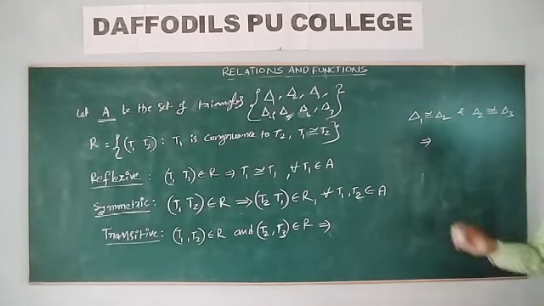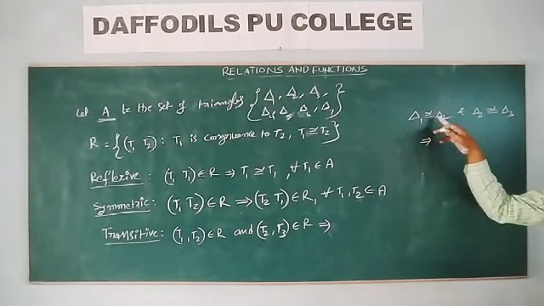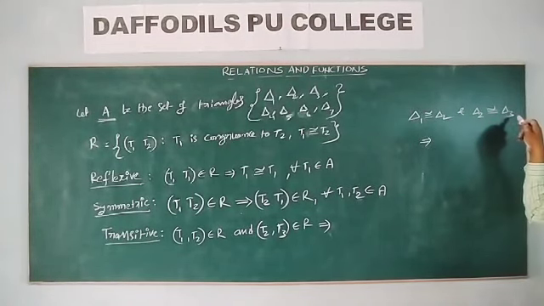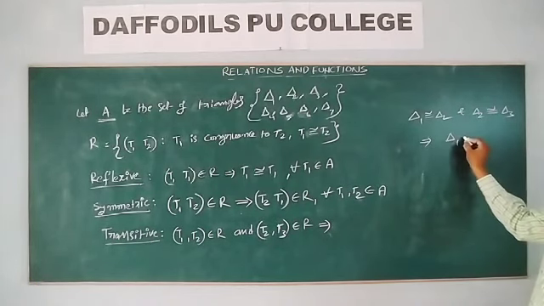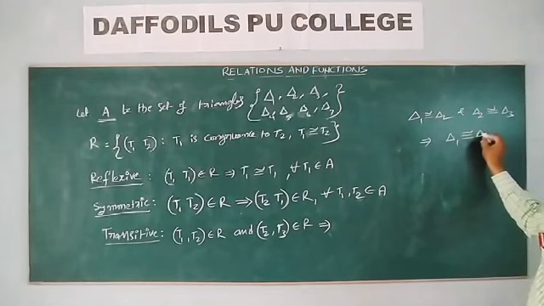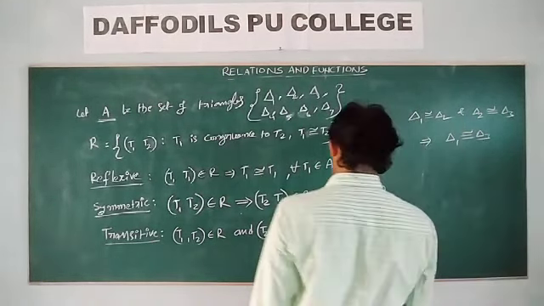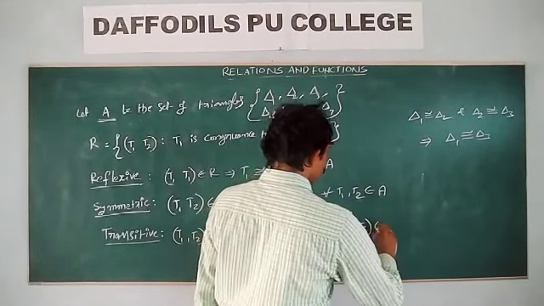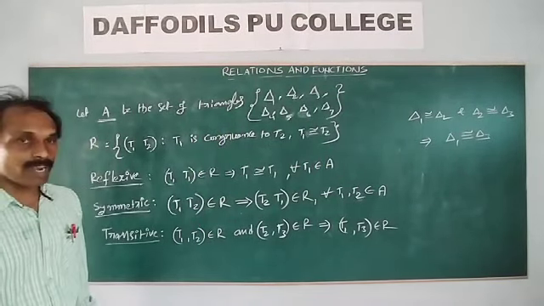From this, we analyze that triangle 1 is also congruent to triangle 3. Clear? That implies (T1, T3) also belongs to R.